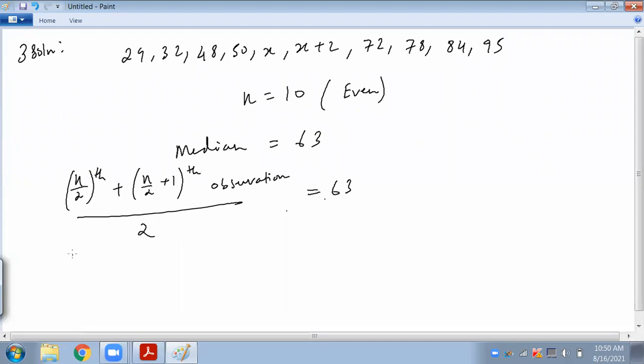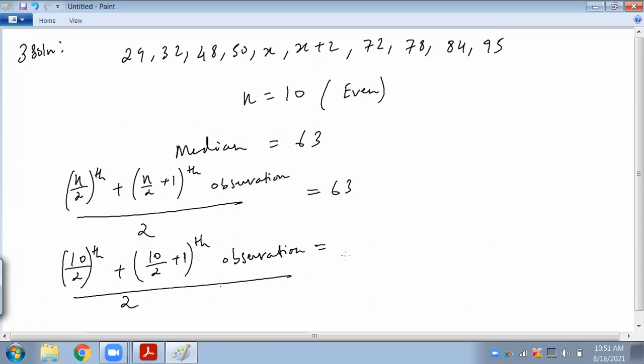Now put the value, n is how much? 10. So 10 by 2 observation plus (10 by 2 plus 1) observation, everything divided by 2. Now we can cut 10 and 2, again 2 and 10, we can cut it.